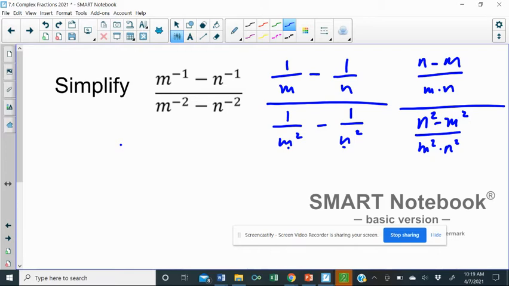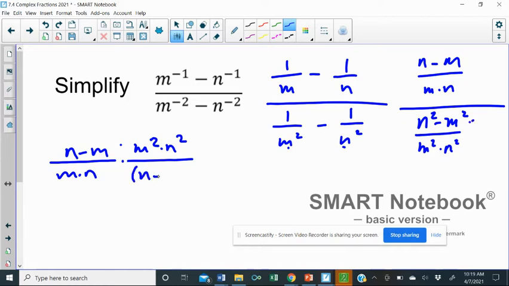Now I'm going to take it, and I'm going to multiply it. 3N minus M. Add over, no, actually factorable, right? N minus M, N plus M. See you later, see you later.